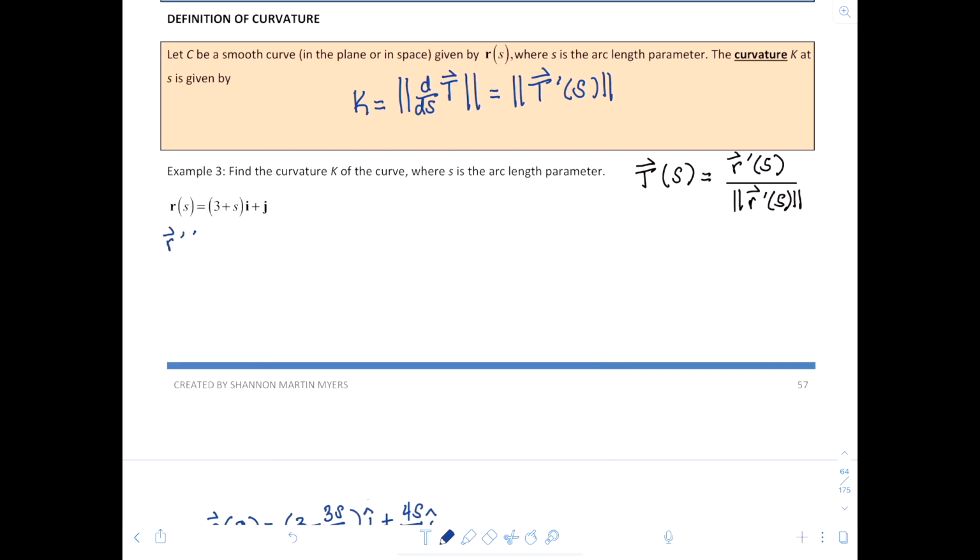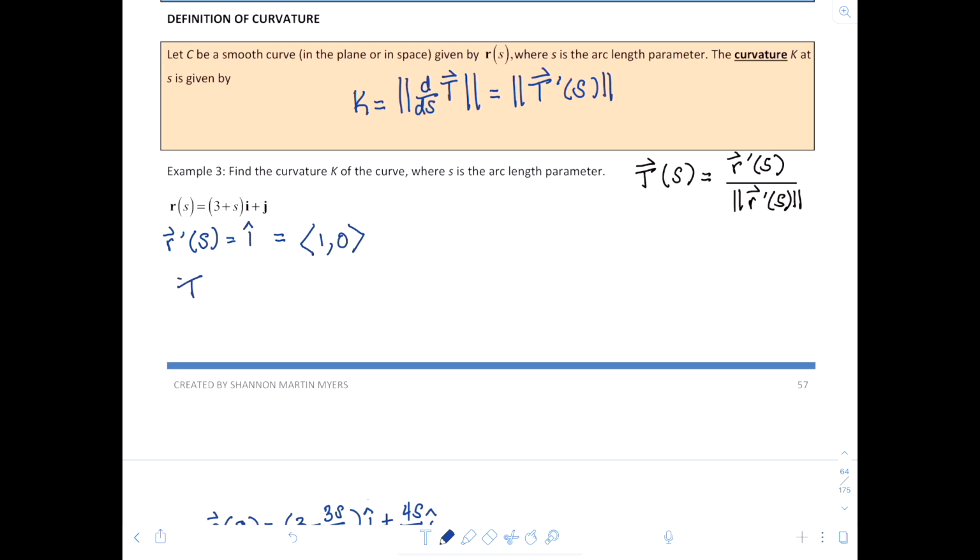All right, so let's check it out. R prime at s is going to be 1i plus 0j. And so what will happen? We get the vector 1, 0.